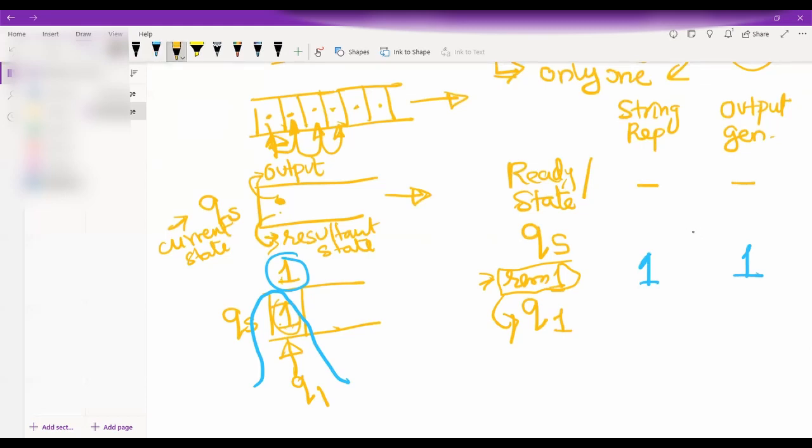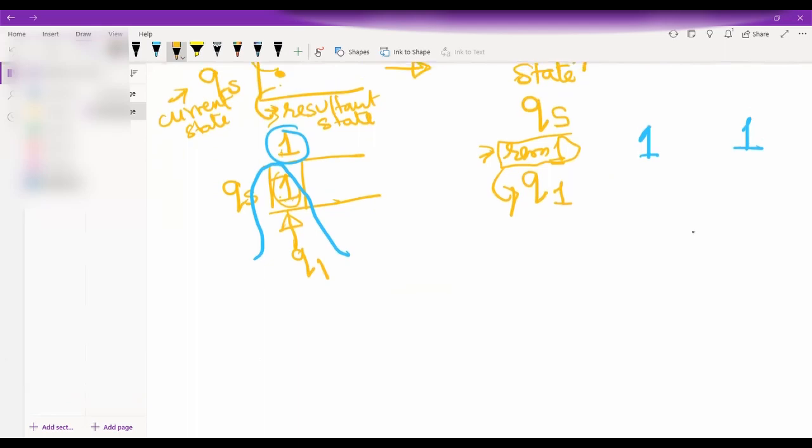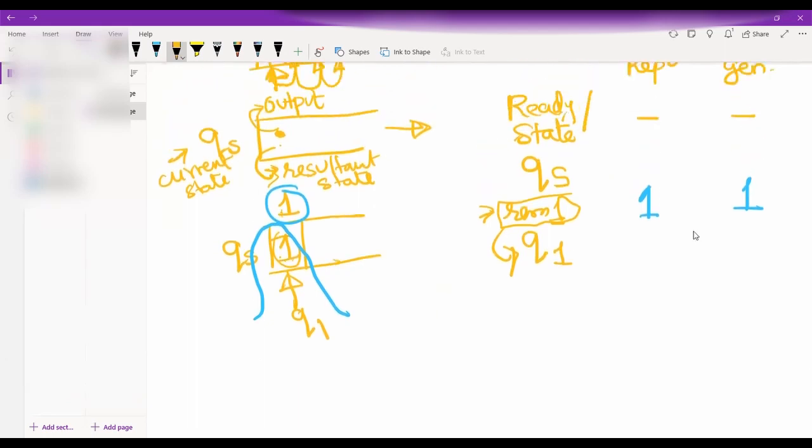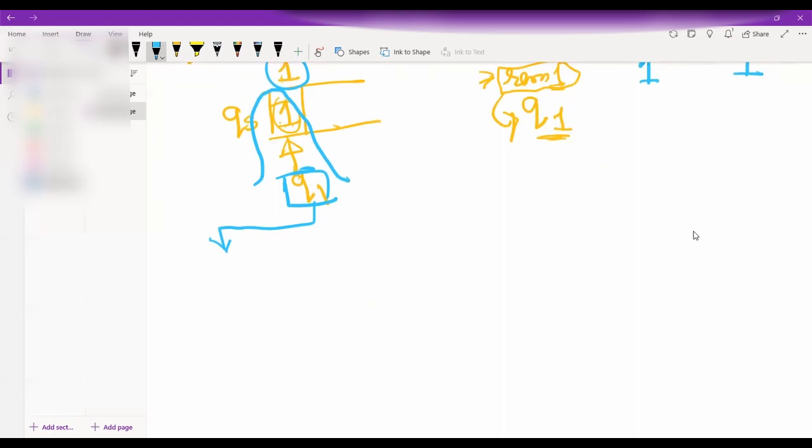Now we will go on. Here we got a new state. So as we got the new state, what are we going to do? We are going to consider that state. So this is the Q1 state, that is the resultant state. Whatever resultant state we are getting here, that we will consider as the current state. Okay. So our current state is now Q1.